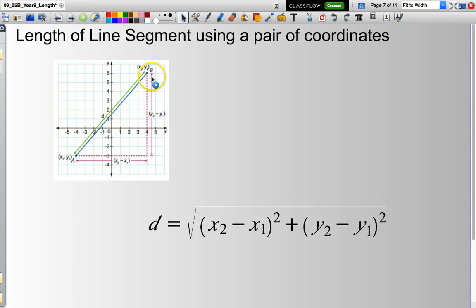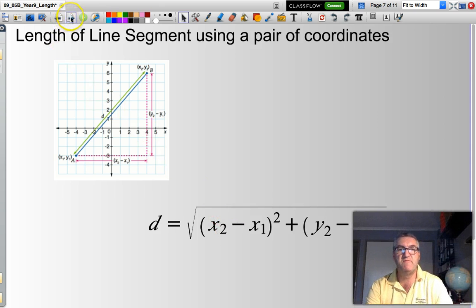If I look from the vertical perspective, the distance will be one y coordinate minus the other. Then it's effectively this squared plus this squared will equal the length of the hypotenuse squared. So that is the generic formula.